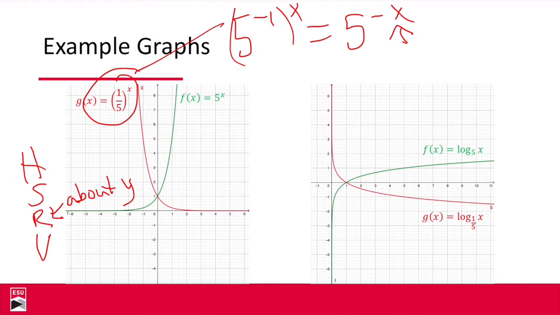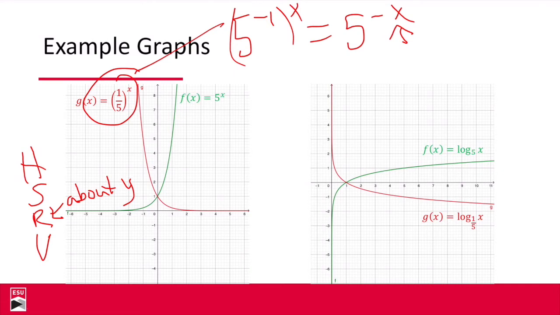And similarly, we have our log base 5 of x and our log base 1/5 of x. And this is showing you both have that vertical asymptote at x equals 0. Both of them cross the x-axis at x equals 1. But one of them, namely log base 5 of x, goes towards negative infinity as we approach 0 from the right.